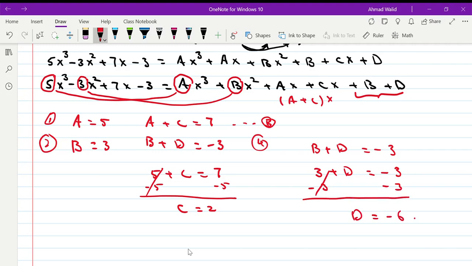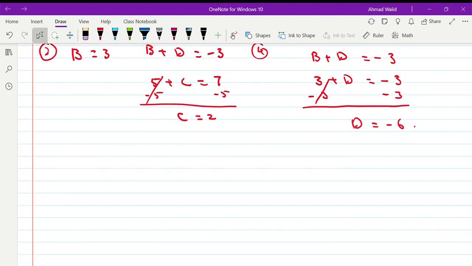6. Now, go back to the equation that you have in step 1, right?